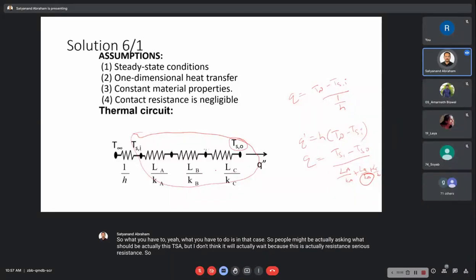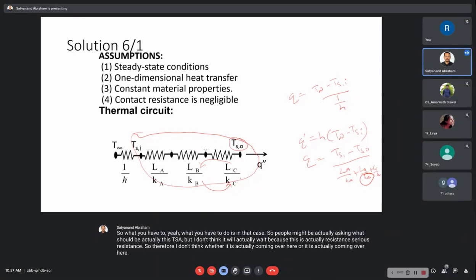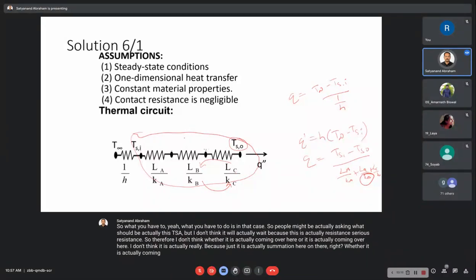Whether it is coming over here or over here, I don't think it is varying because it is just a summation, right? Both might be the same.